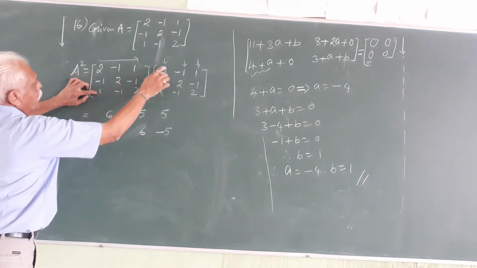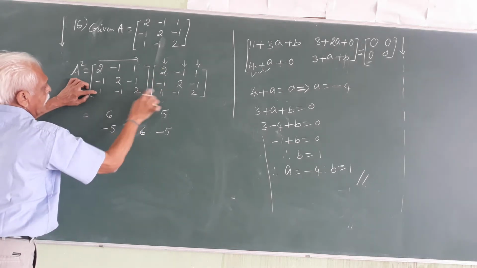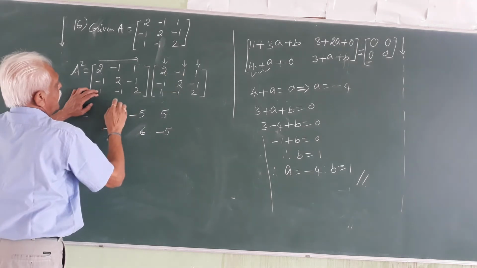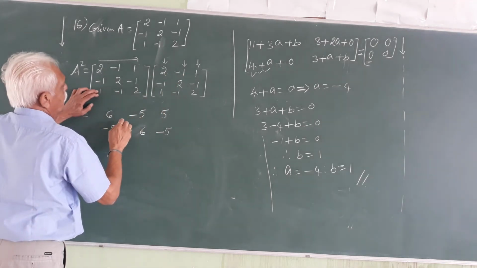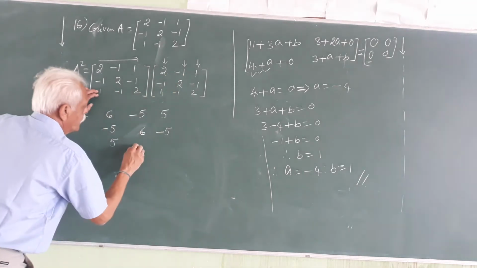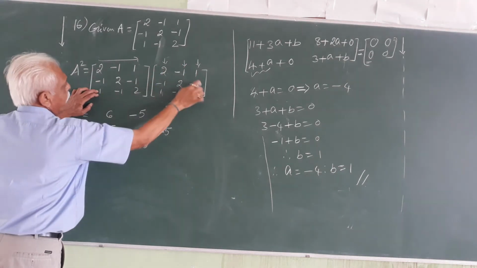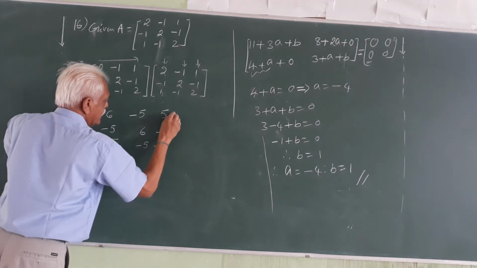Then with third row: 2 plus 1 plus 2, 5; minus 1 minus 2 minus 2, minus 5; 1 plus 1 plus 4, 6.